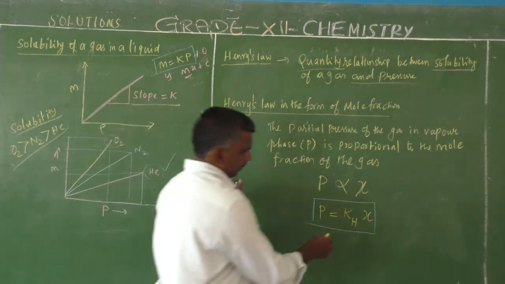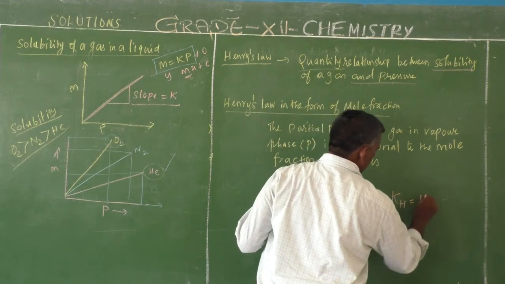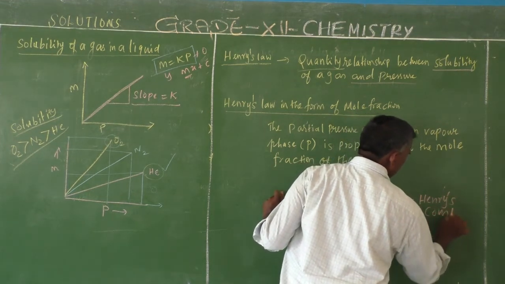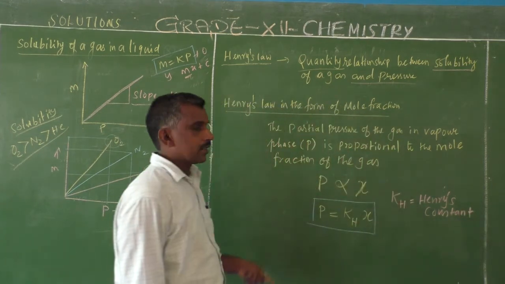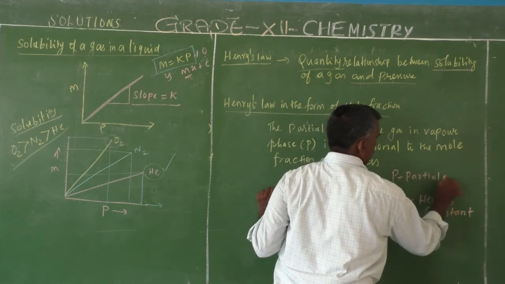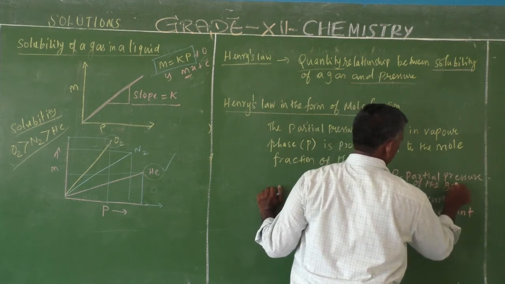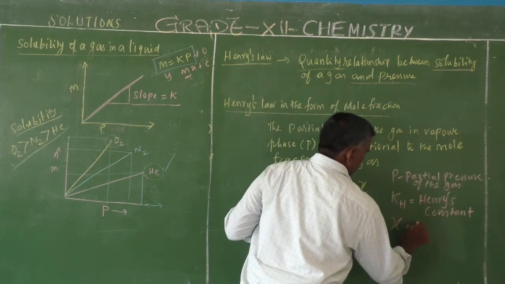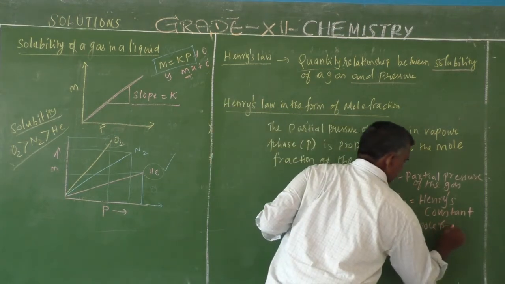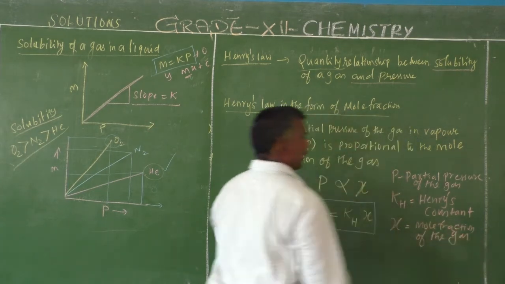Here KH is Henry's constant, P is the partial pressure of the gas, and psi is the mole fraction of the gas.